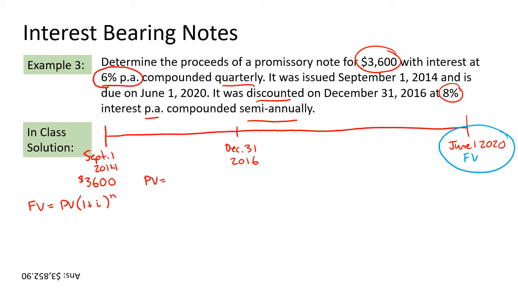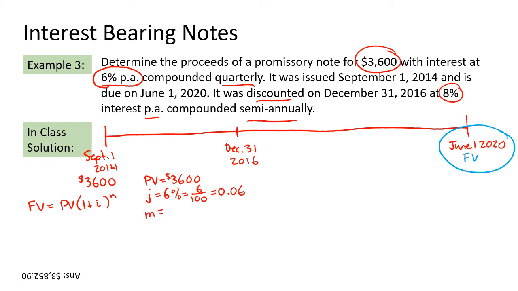Now, what items do we know? We know our present value, which is $3,600. And we know at this period in time, when the note was initiated, what the nominal interest rate was, which was 6%, which is equal to 6 divided by 100, removing the percentage sign, which is equal to 0.06. And we know it was compounded quarterly.